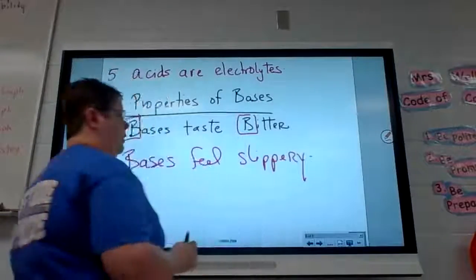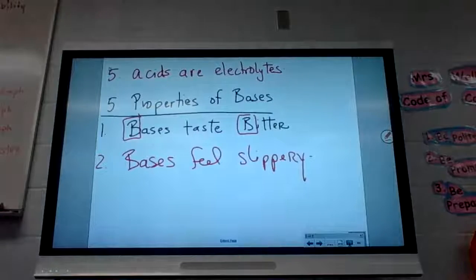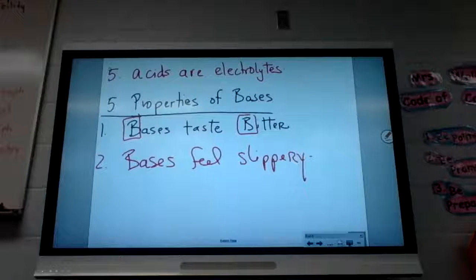That's how you know you didn't get soap off your hands. Soap is a base. If you don't get soap off your hands, you can feel the soap is still on your hands. It's slippery. What about bubbles? Is it still slippery? You didn't get it off.